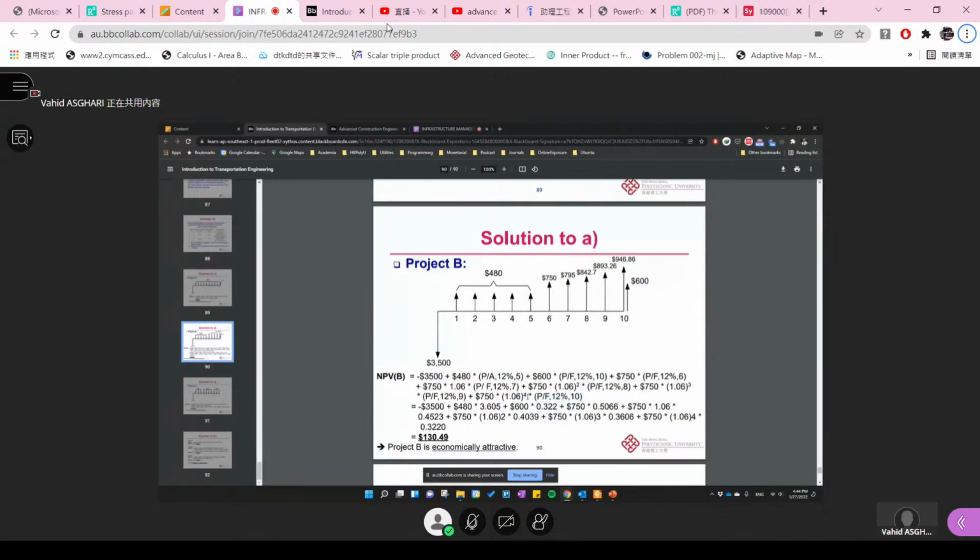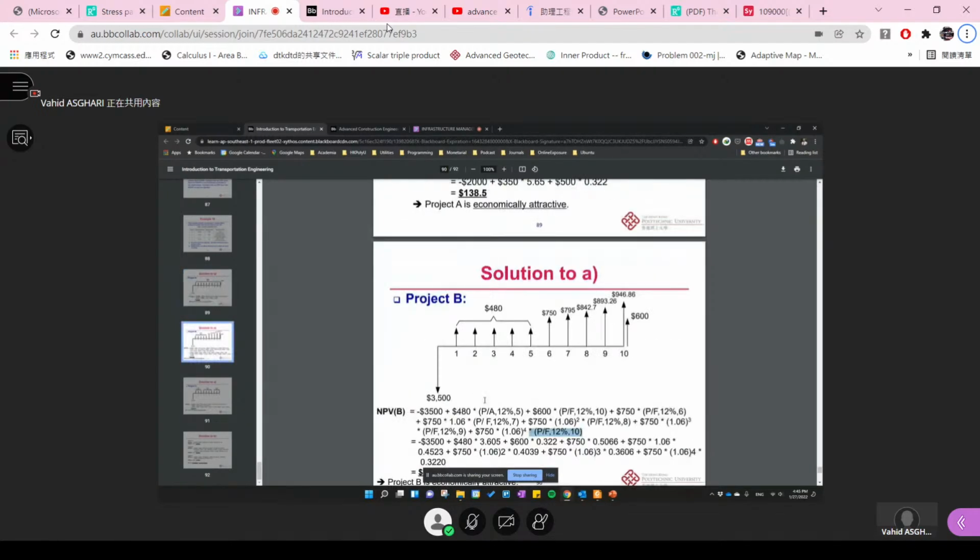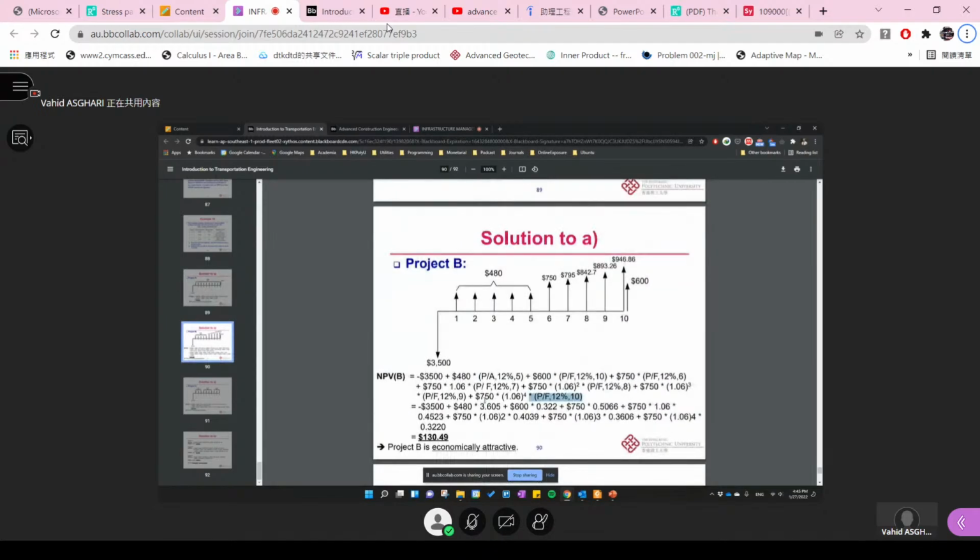So what happens is that first, this $750 in here is shifted forward to the 10th year by this factor here, as you can see. And then the present value of, okay, let me see. Why? Maybe I got something wrong. I will get back to you soon about the question.